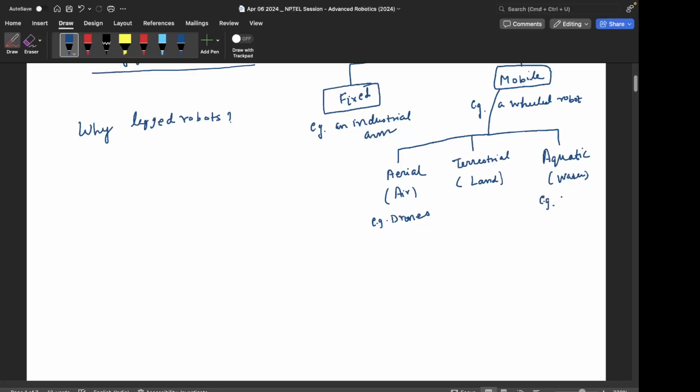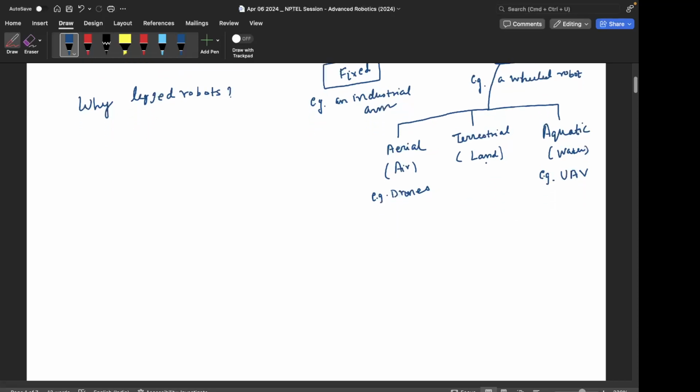Here you have unmanned aquatic vehicles, or yeah, so like an autonomous submarine kind of a thing. Those are aquatic mobile robots, and what we focus on now is the terrestrial robots. So terrestrial robots can again be further classified into what type of basically mechanism is being used to move on land, right?